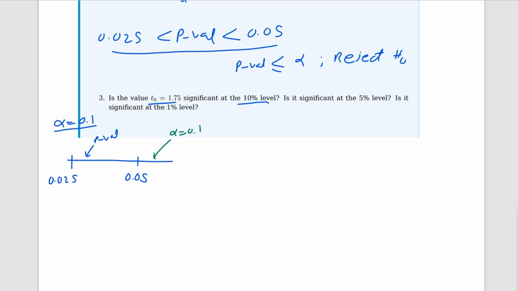Then alpha is greater than 0.05. And the p-value is less than 0.05. Now we understood alpha is greater than this. Therefore, we can say the p-value is less than alpha here.